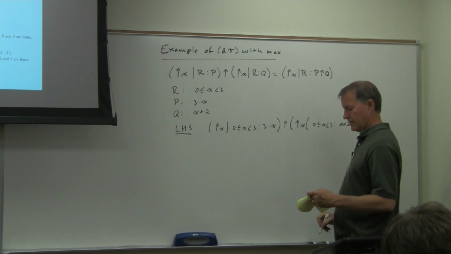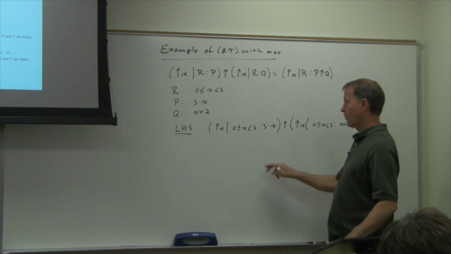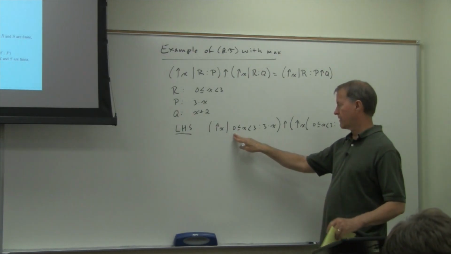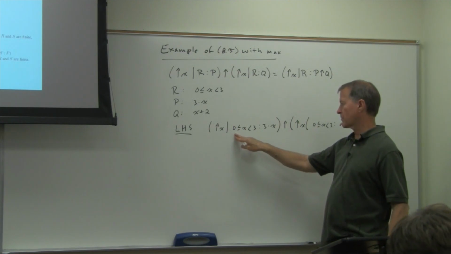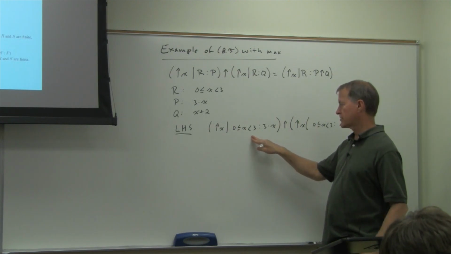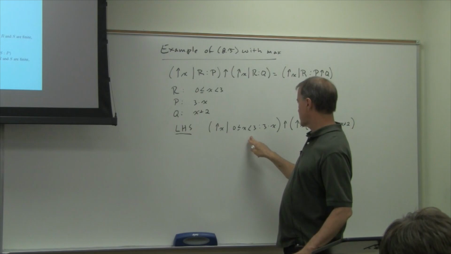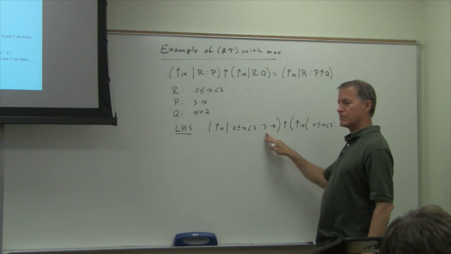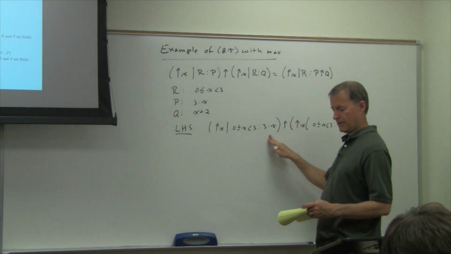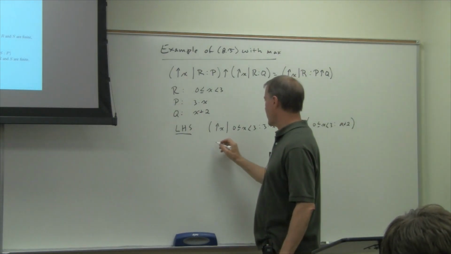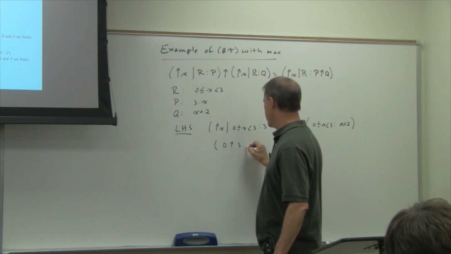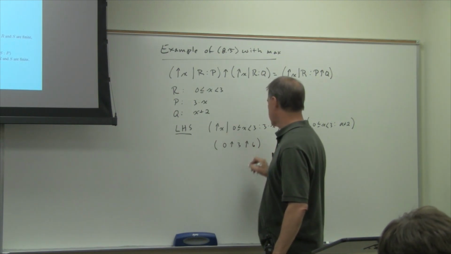Now, what are the possible values of x? 0 less than or equal to x less than 3: 0, 1, and 2. So the possible values of 3 times x are 0, 3, and 6. So this whole thing turns out to be 0 max 3 max 6.